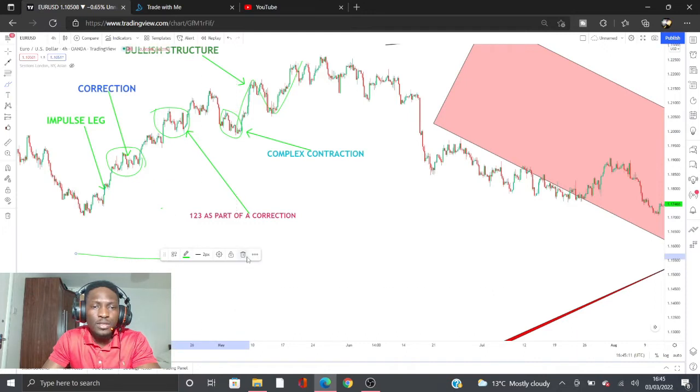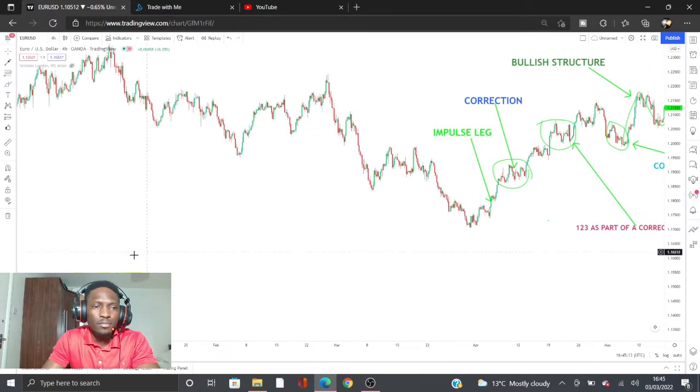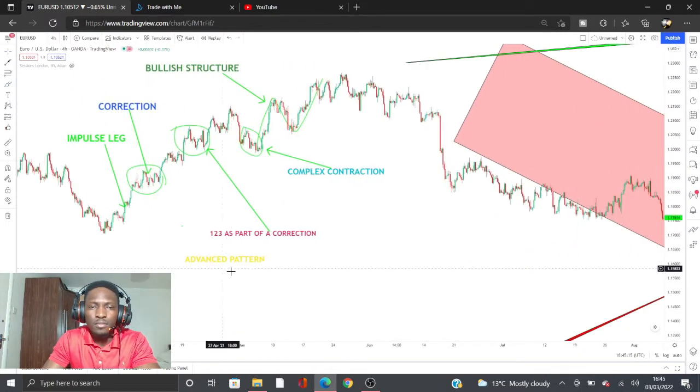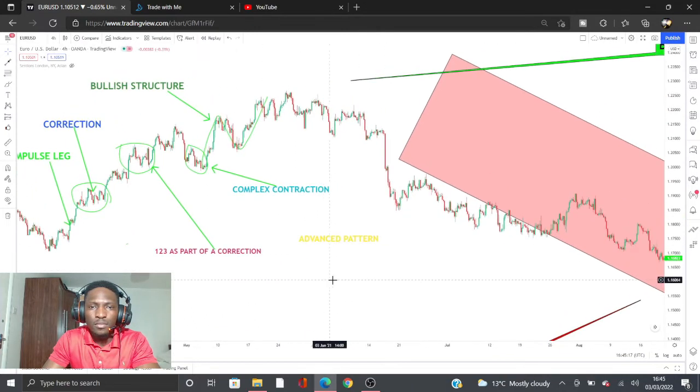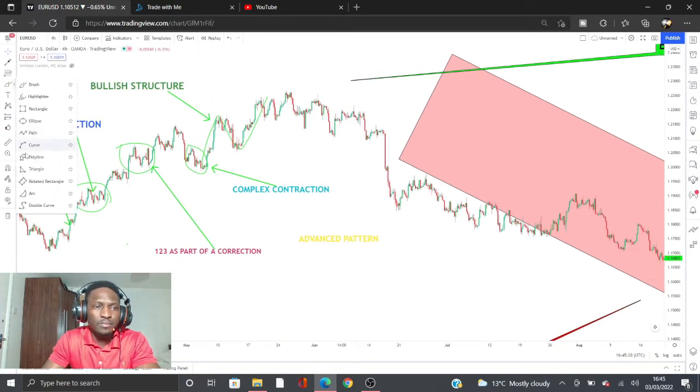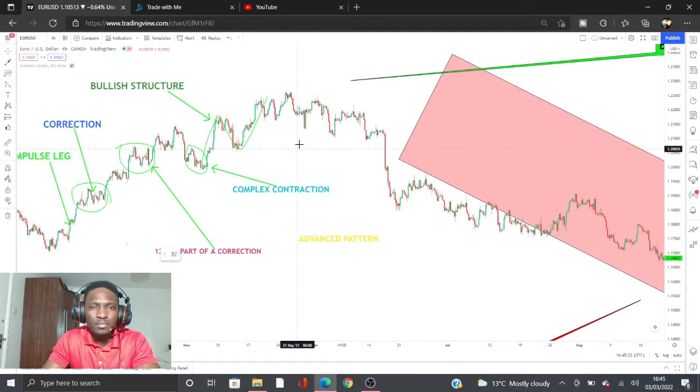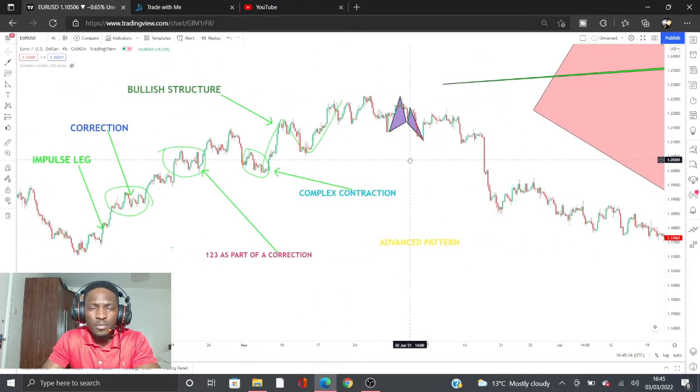And we also see an advanced pattern. Shall I continue? I think you get my point.